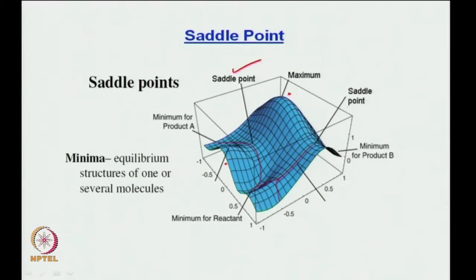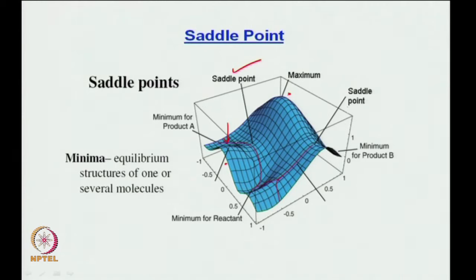Then if this is one coordinate and you are now moving along the perpendicular direction, you follow this red curve. The red curve is perpendicular to the one you are looking at in the perspective of these 2 points I have drawn. So, this red curve is essentially not a minimum, it goes to a maximum at the saddle point. Is it clear or not?